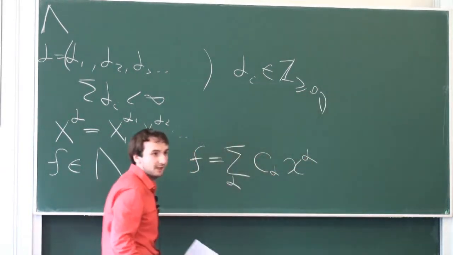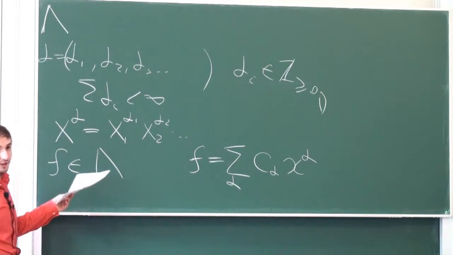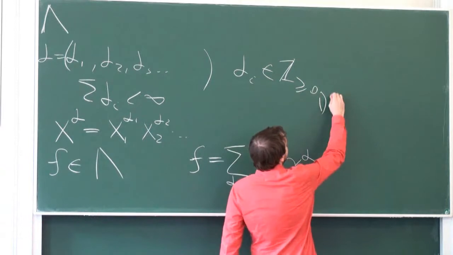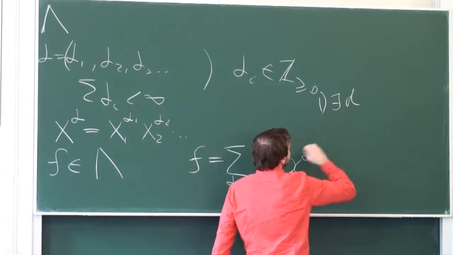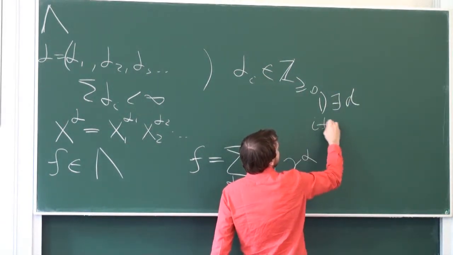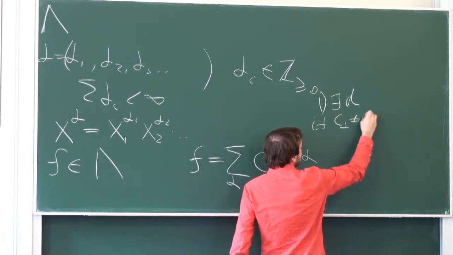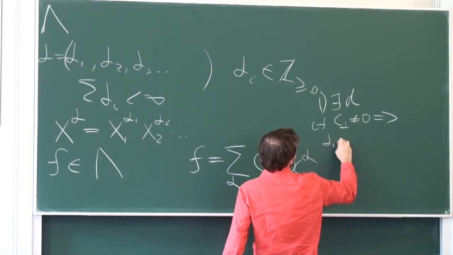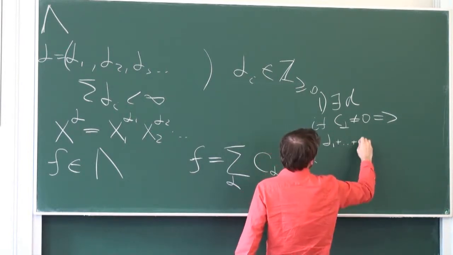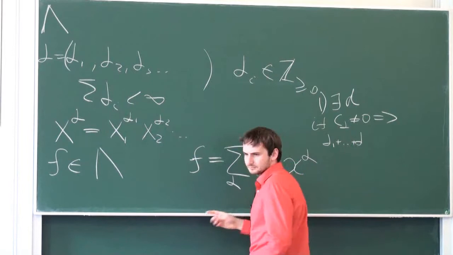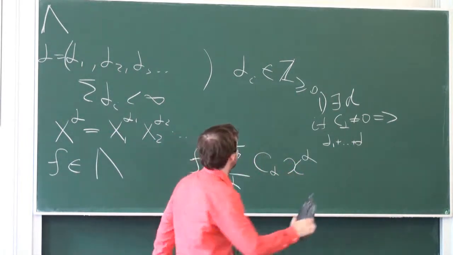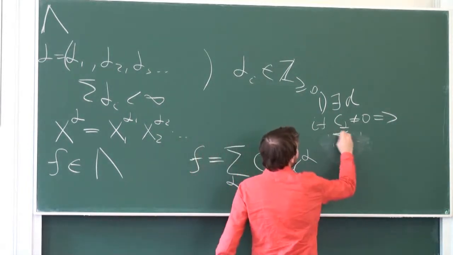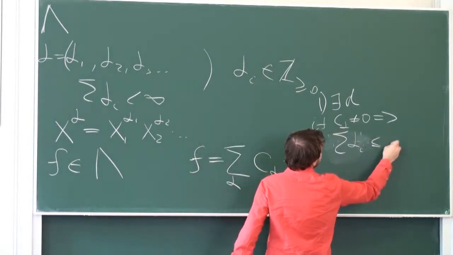So the first property is that this sum should have finite degree, which means that there exists some constant d such that if C alpha is non-zero, then the sum of the alphas is at most d.